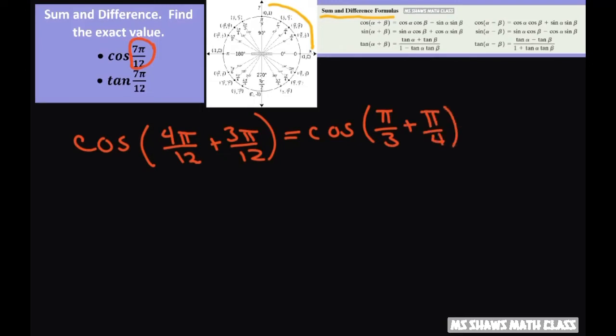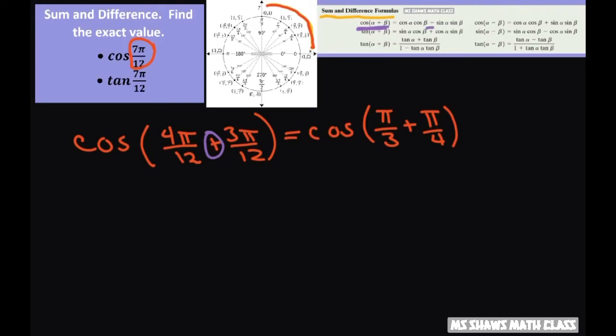Now that's in my first quadrant of my unit circle, and I can just pull out the values and then do the algebra. So now using our formula, since I have a plus, remember on cosine, when you have a plus, it's minus here. It's a little confusing, but on this one it's minus.